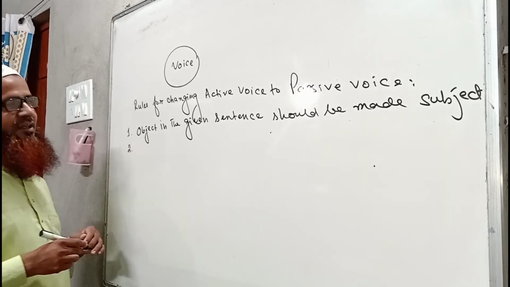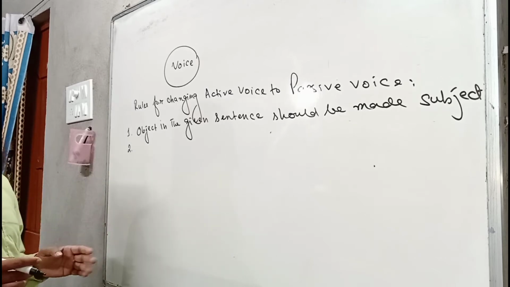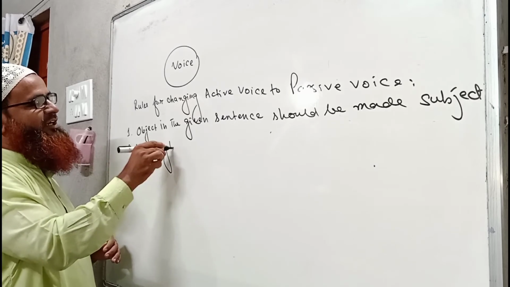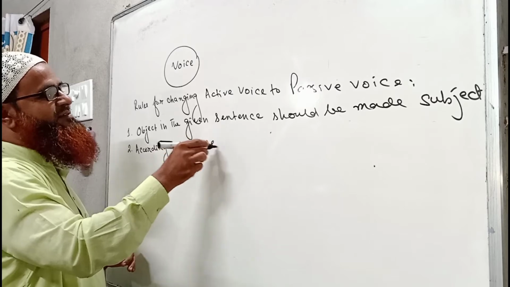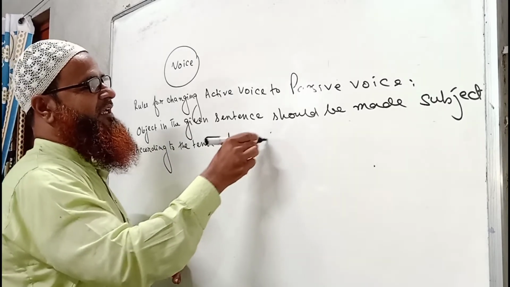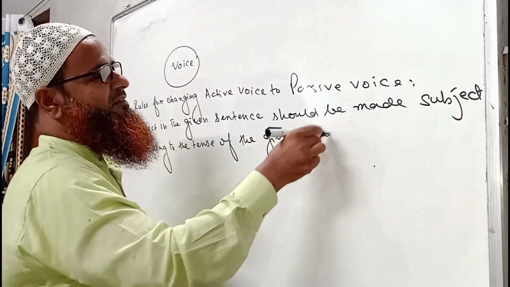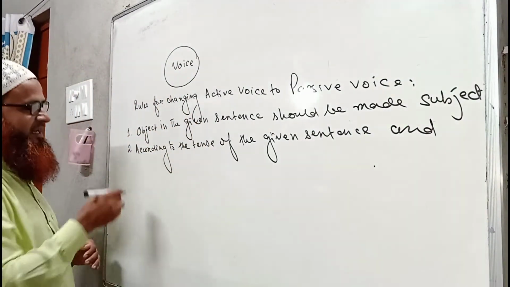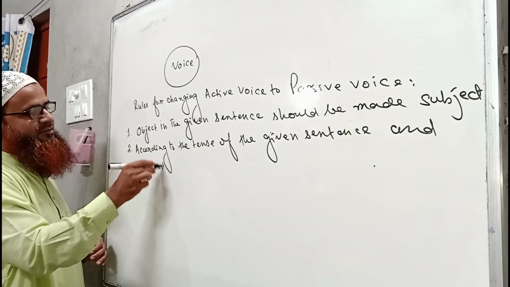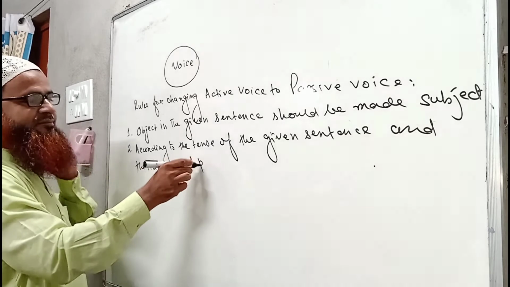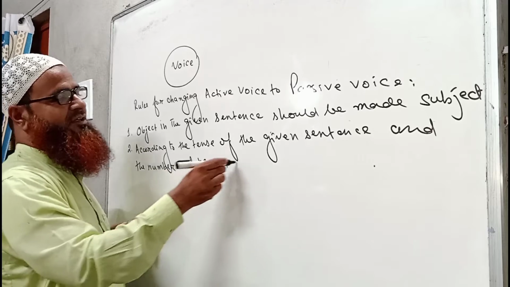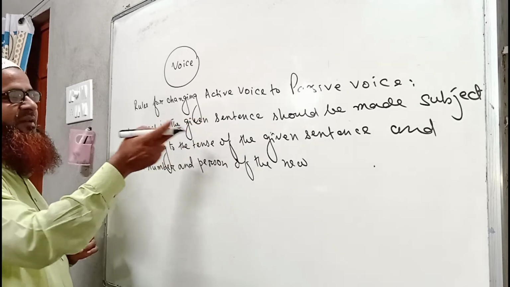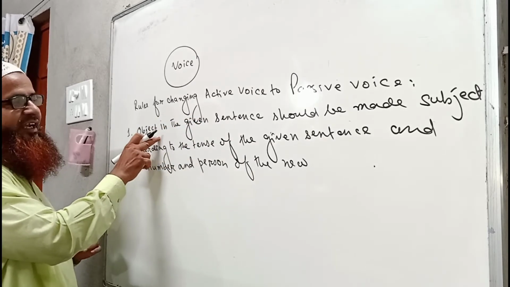Number two, after that, serially we are writing according to the tense of the given sentence and the number and person of the new subject, that means the object which has been written as subject.